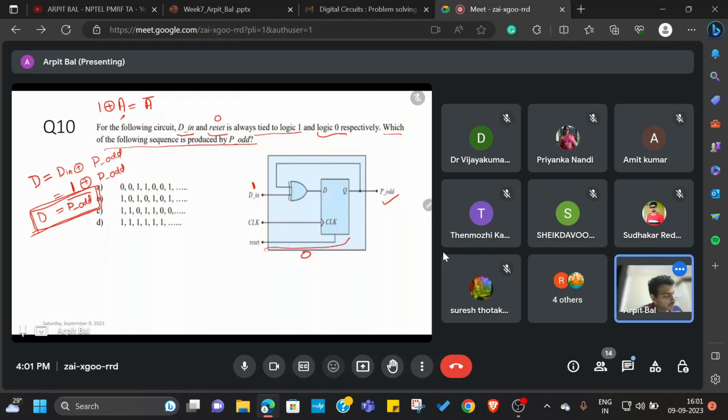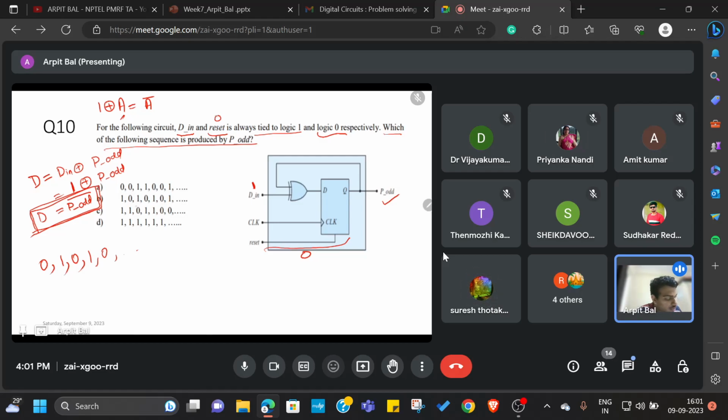So if I assume that initially period was 0, then after the first clock it becomes 1. Correct. Then after the second clock it becomes 0. Correct. Again 1. Again 0. So it actually toggles each time there is a clock edge, right?